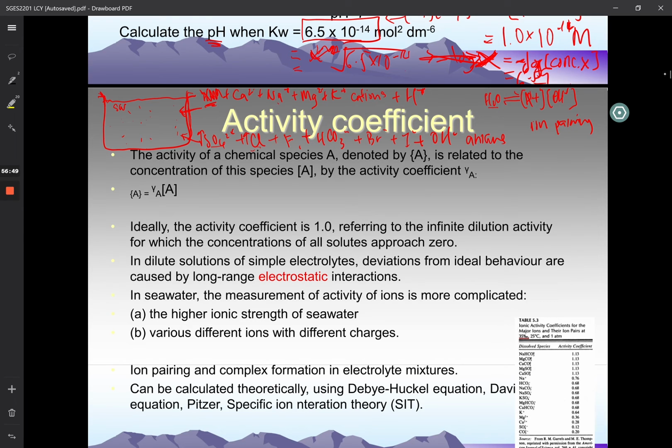Imagine you have all of these ions, a lot of sodium, a lot of chloride ions, dissolved in the water, and it is so congested. So when these free ions are so congested together, you tend to form some ion pairing.